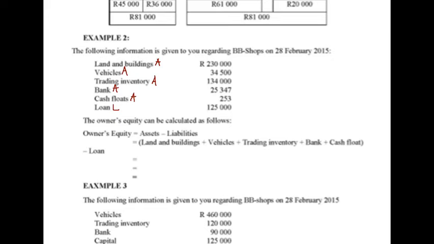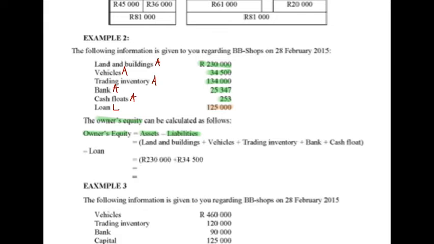So now the question asks you to calculate the owner's equity of the business. Now, how can we calculate owner's equity? We can calculate owner's equity by adapting our accounting equation. So owner's equity is equal to assets minus liabilities. So from the example above, I can see that I've got 5 assets that I can add together, and then minus 1 liability of 125,000. So in other words, let's do that.